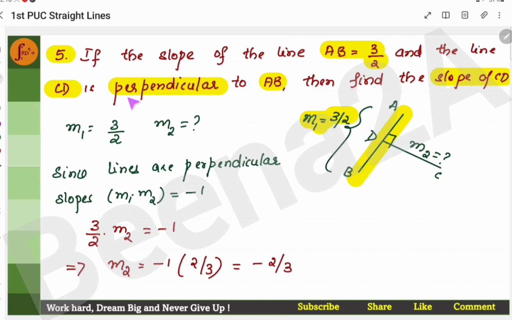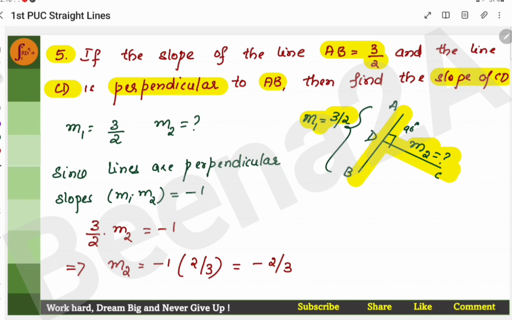Then there is another line CD, which is perpendicular to AB, meaning CD is at 90 degrees to AB. Now you have to find the slope of CD. Let's call it M2.